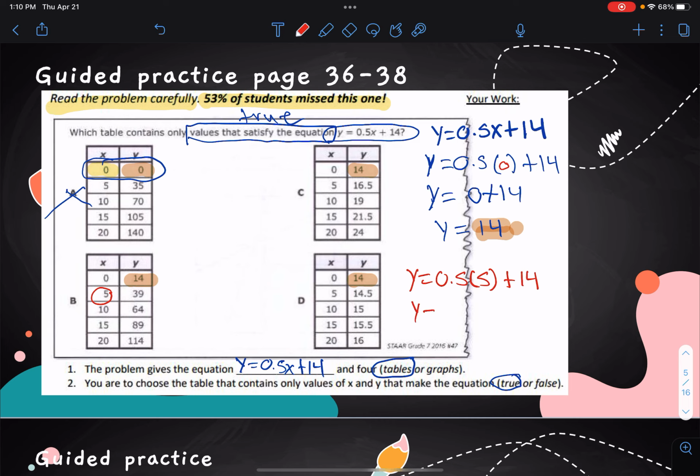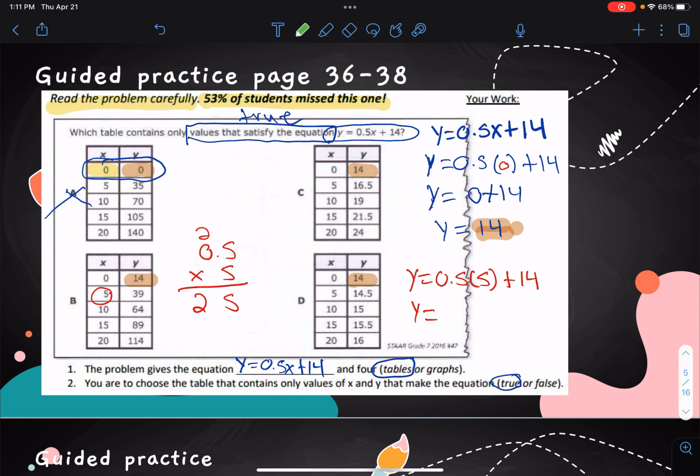So I have 0.5 times 5. Sorry guys, I had to sneeze. So 5 times 5 gave us 25. We put 5, carry our 2. 5 times 0 is 0, plus 2 is 2.